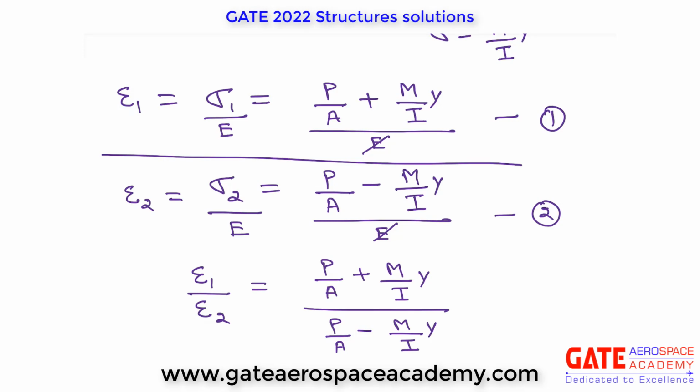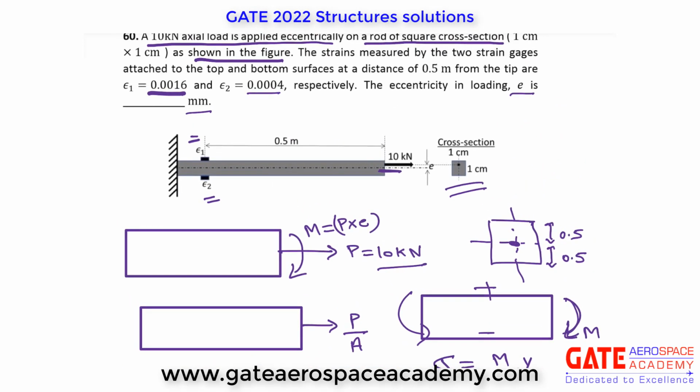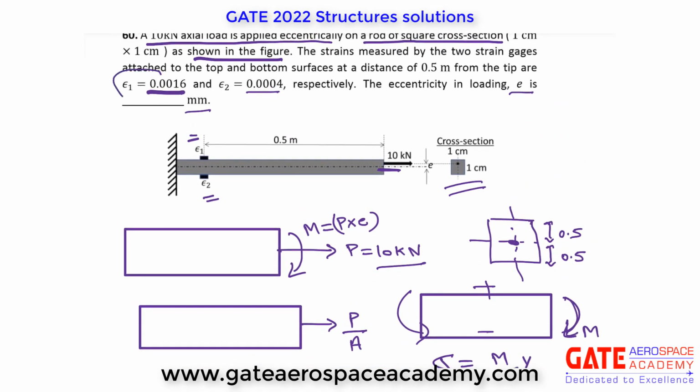Now let's substitute the values. P is equal to 10 kilonewton, right? Strain on top fiber is 0.0016. Strain on bottom fiber is 0.0004.